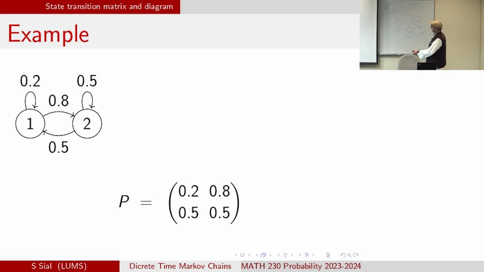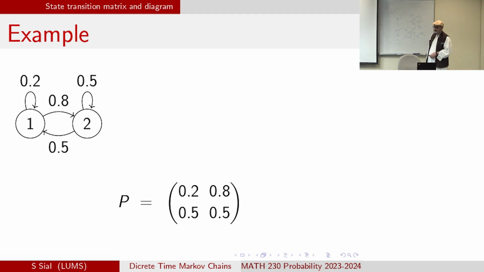So what does this say? It says that if you are currently in the state 1, then in the next time step, there's a 0.8 probability of being in the state 2, and there's a 0.2 probability of remaining in the state 1. If you're in the state 2, there's a 0.5 probability of remaining in the state 2, and a 0.5 probability of transitioning to the state 1.